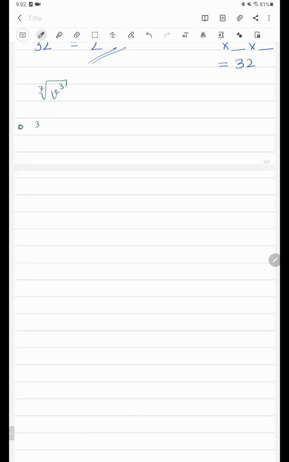The first one is the third root of v to the power 7. The second option is v cube to the power 1 by 7. And the third one is v to the power 3 by 7. So which of these is equal to this one?